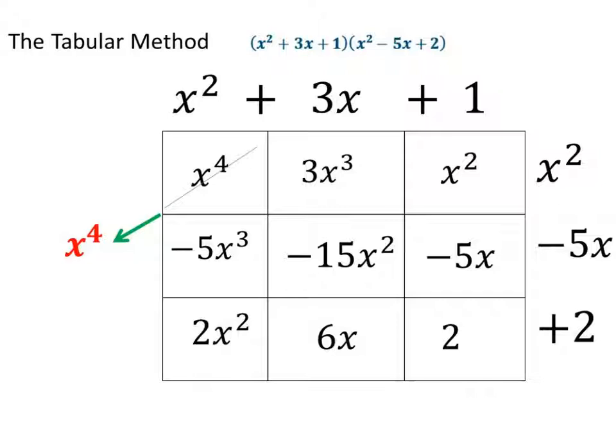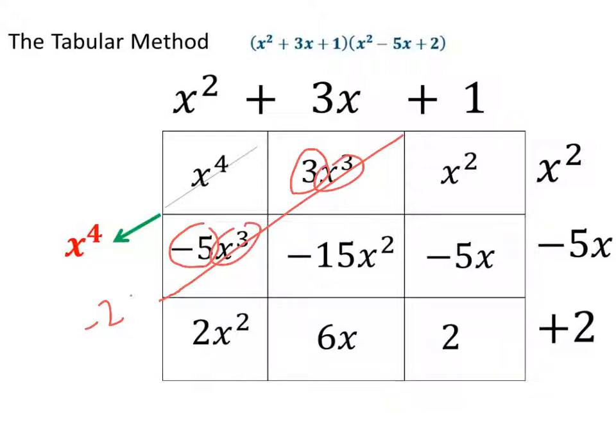The next diagonal, we're going to add these diagonal elements together. Let's add the coefficients. So 3 plus negative 5 will be negative 2. And since we're adding like terms, this x cubed stays the same because they are like terms.